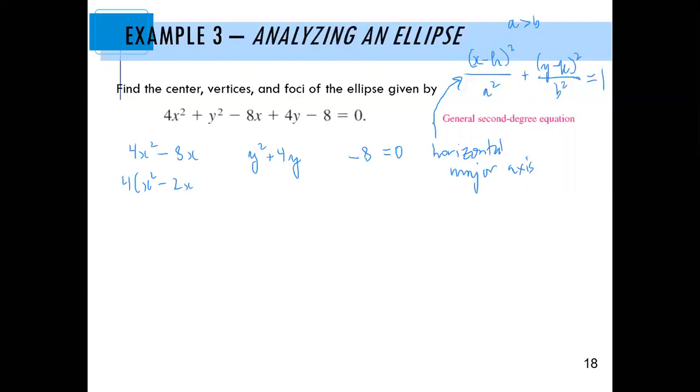What do I have to add and subtract to that to make it a perfect square? Yeah, that's right. So there's a -2 there. You divide that by 2, which is -1, which means I'm going to add and subtract 1 inside of these parentheses. Okay. Now, what about this other part right here? What do I have to do to y squared plus 4y?